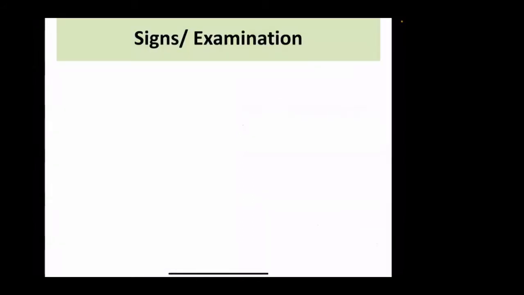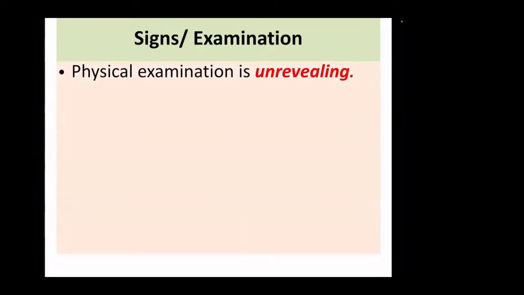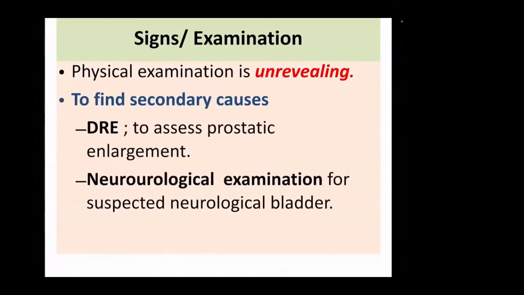Sign means examination. As usual, just like kidney stone or ureteric stone, signs are not an important factor in diagnosis, because if you try to palpate, you will not be able to palpate a stone, right? So signs are usually unrevealing. It's not that important, but yes, always examine for secondary cause. Like, don't miss DRE in the case of an adult male.